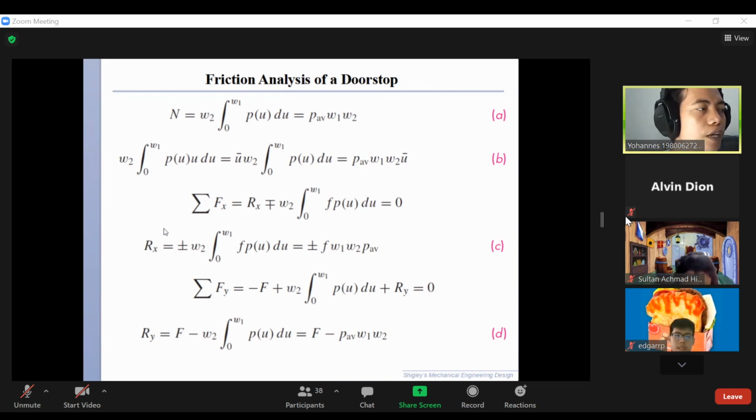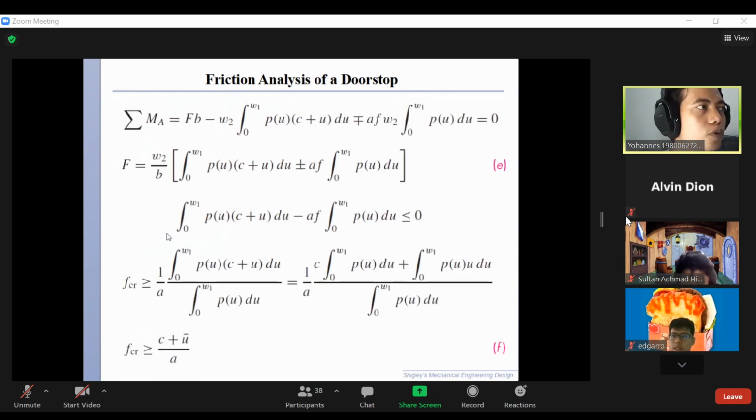Okay, please stop me anytime if you have any questions here. The purpose of this derivation of the formula is to obtain the condition of the critical coefficient. Critical coefficient means when self-locking or self-energizing happens.